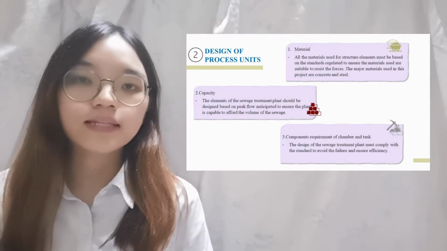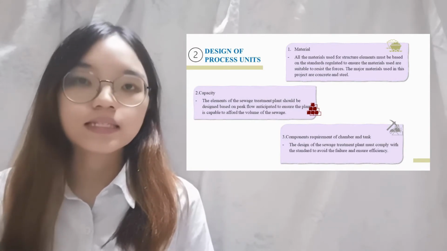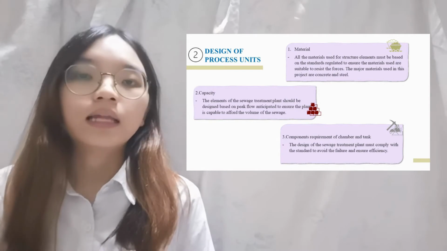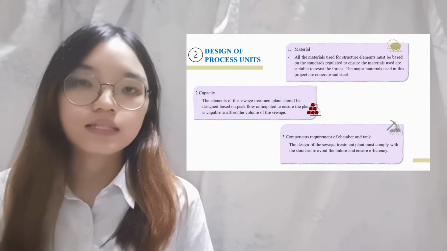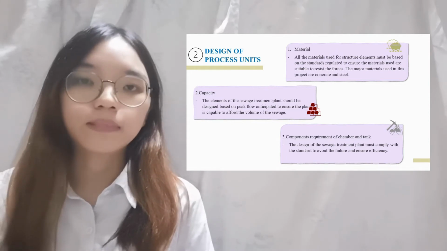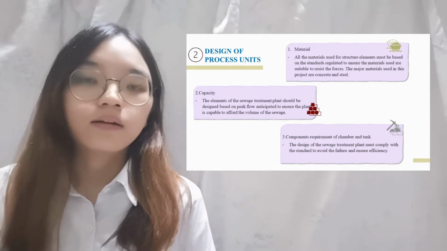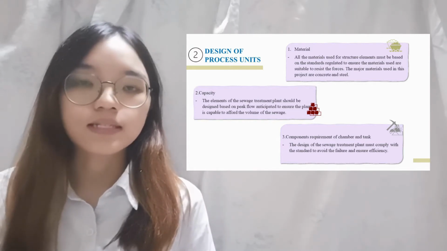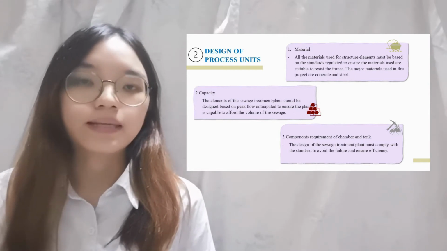Then move on to the next main factor, which is design of the processing units. The first is the materials used. The materials used to construct the sewage treatment plant should be based on the regulated standards to ensure that the materials are qualified and able to resist the forces. The next one is capacity of the sewage treatment plants.